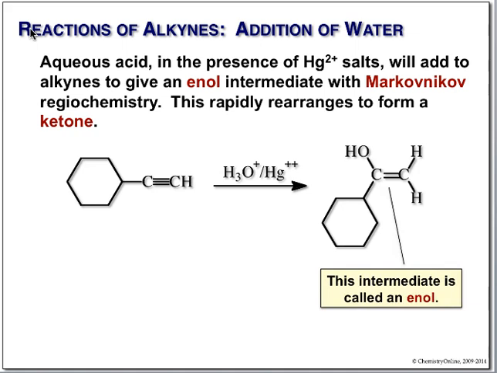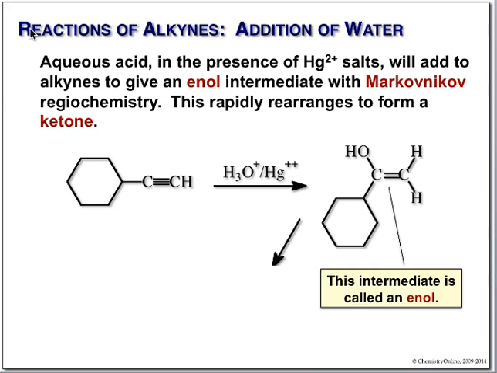Next semester, unfortunately I won't be teaching this next semester, but next semester you will have a great deal of exposure to reactions involving enol intermediates. It's going to be a very important part of 235. But the neat thing about an enol is that it can undergo a rearrangement. It's actually called a tautomerization. Tautomerization, you simply move a hydrogen from one end of the molecule to the other.